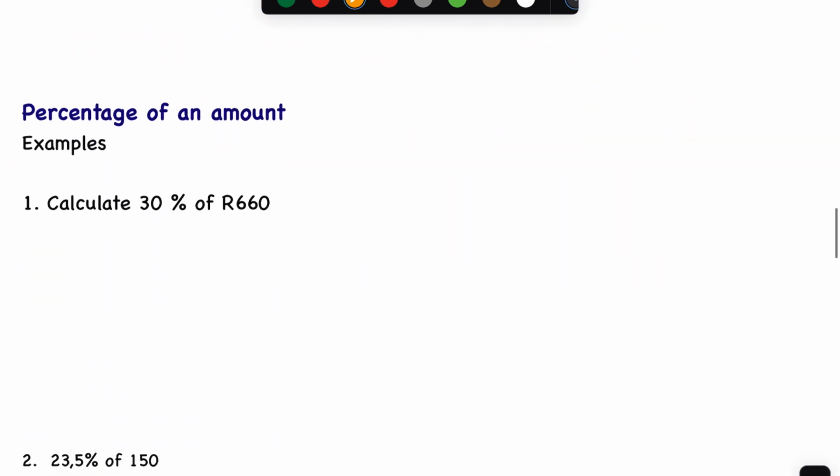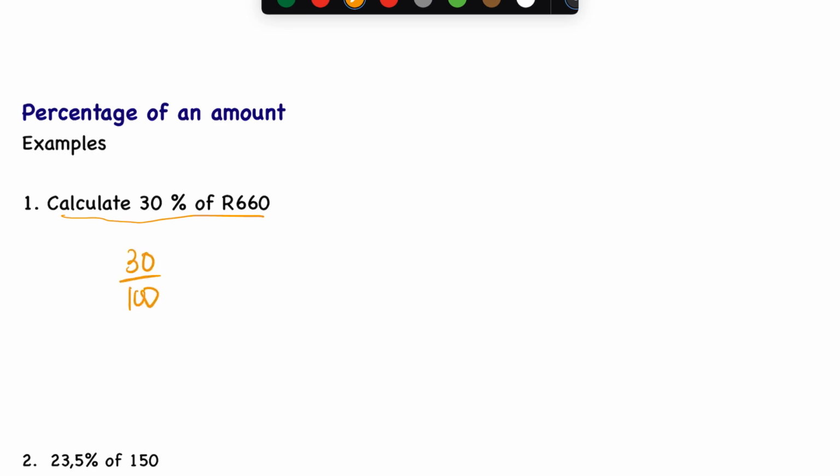Now, let's look at another calculation, when we calculate the percentage for an amount, right? Here it says calculate the 30% of 660. So we will say 30 divided by 100.